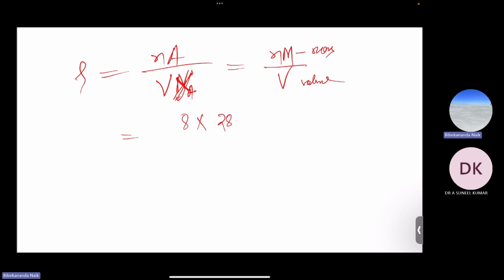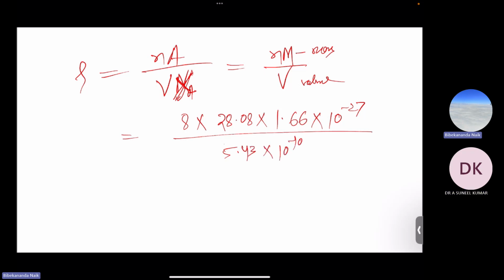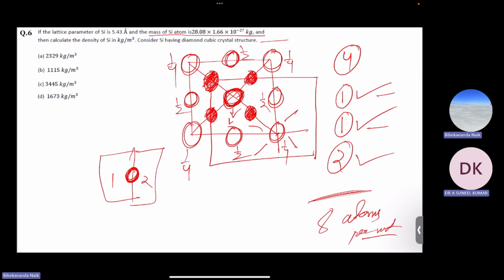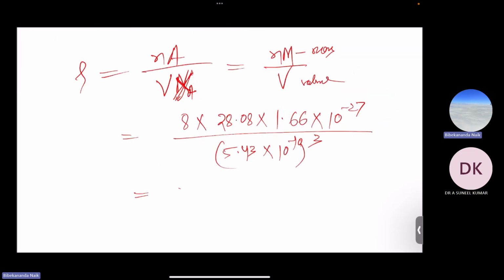Then mass is 28.08 into 1.66 into 10 to the power minus 27 divided by 5.43 into 10 to the power minus 10 cube. Because for volume, the lattice parameter is given, 5.43 angstrom. So we directly put the lattice parameter, that is A, and since it is cubic, A cube is the volume.